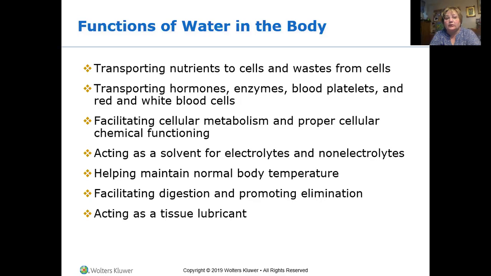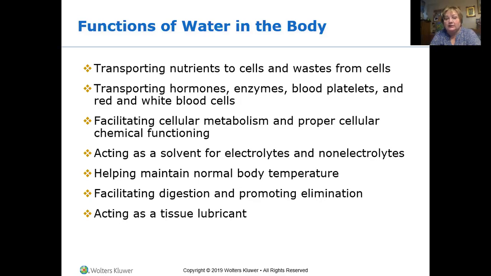Red blood cells are very important in carrying oxygen to the cells and taking that CO2 away from the cells. Platelets are important if we ever need the blood to clot for whatever reason. If there's an injury to the tissue and bleeding occurs, platelets are just one of the important factors in stopping the bleeding.